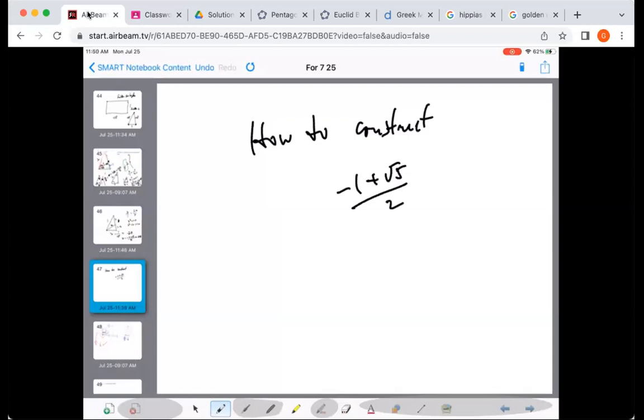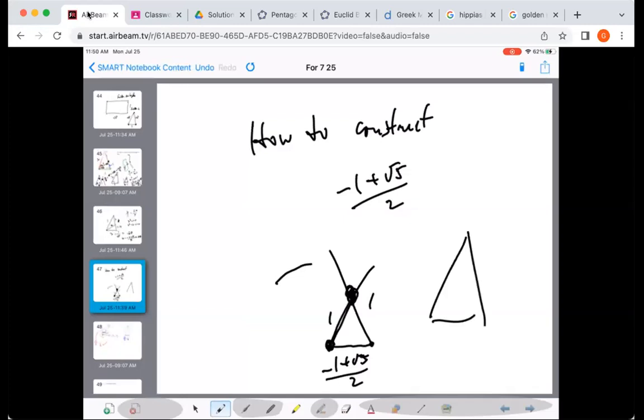Because if I can make a line segment that's that length, if I can accomplish it, then I could just very easily make a circle with radius 1 around this center, and then another circle with radius 1, and I'll be able to have the 1, 1, -1 plus square root of 5 over 2.